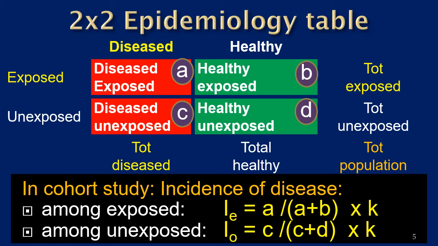Similarly, we can measure the incidence among unexposed, which is equal to C, the diseased in the unexposed group, divided by the total unexposed, C divided by C plus D, multiplied by a constant.